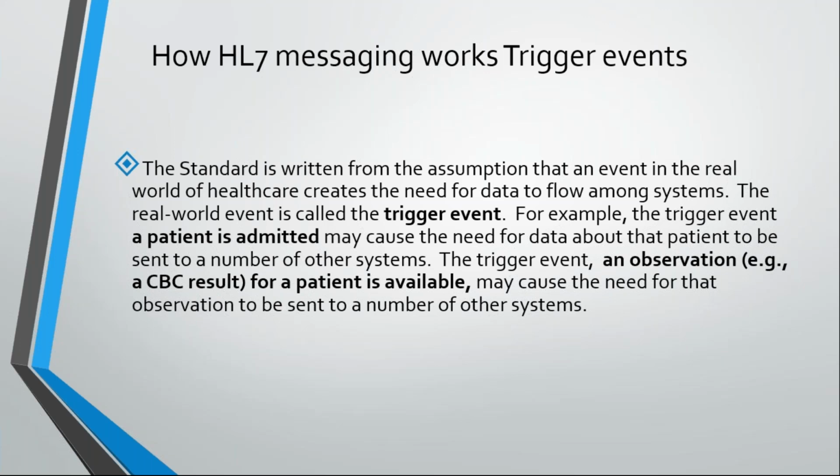HL7 mainly works based on those events. So now the patient is coming in, and he has got his details registered. That entire conversation or dialogue exchange between the patient and the receptionist is called an event.